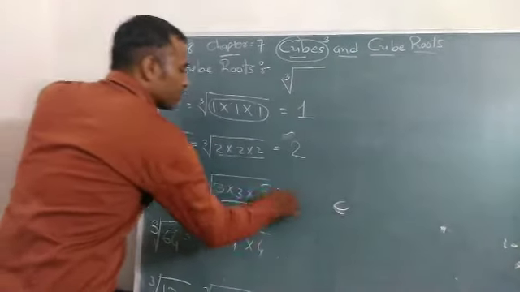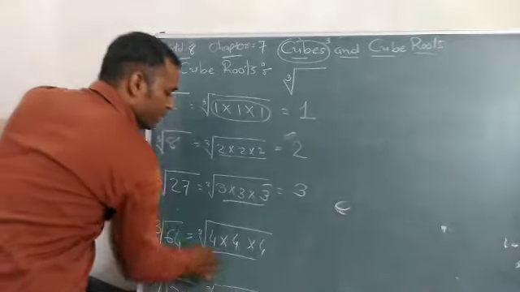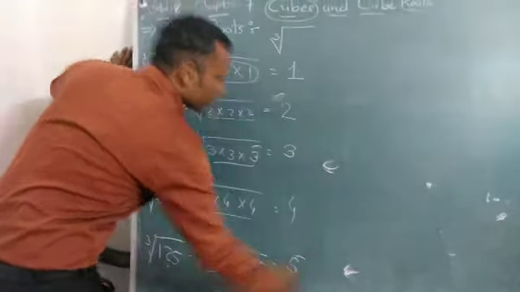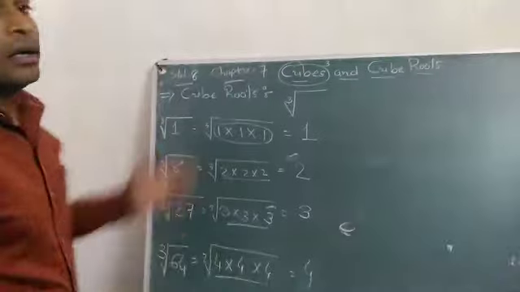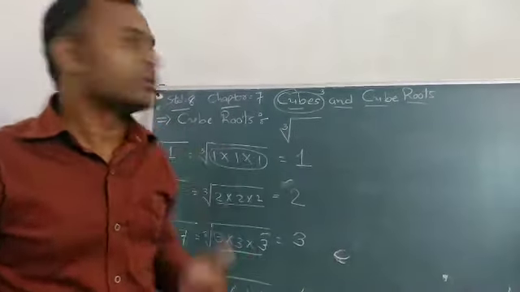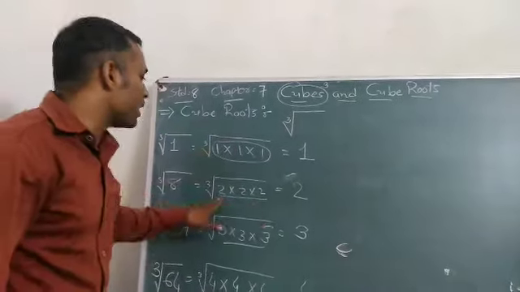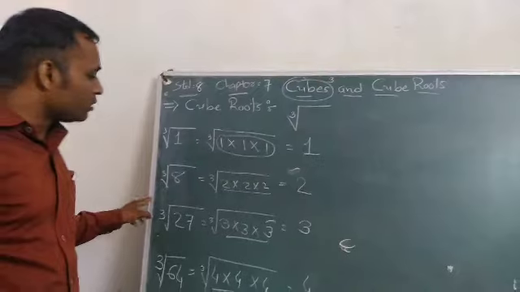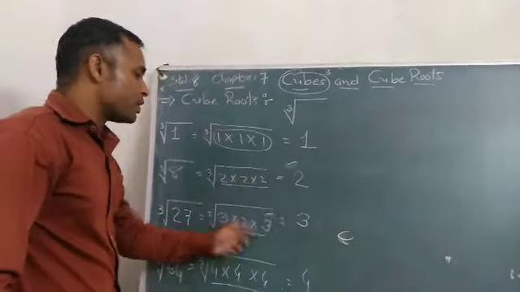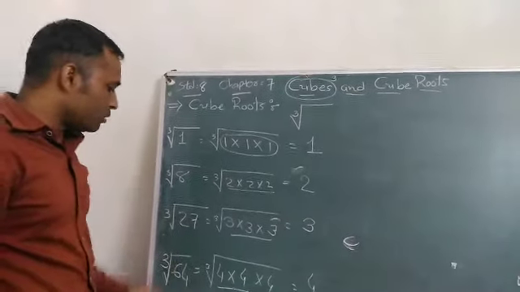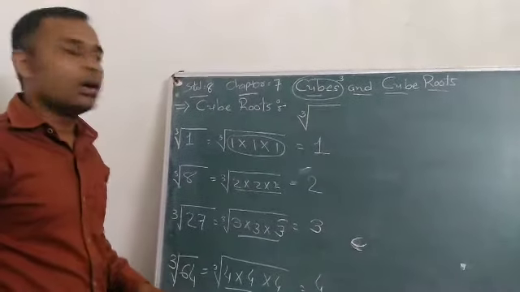Likewise 3 times 3, and 3 times 5. Okay, in the square root we make groups of 2. So now in the cube root we make groups of 3. Clear? So now the number that is 3 times becomes 1 time. Clear? So now this is your cube root.